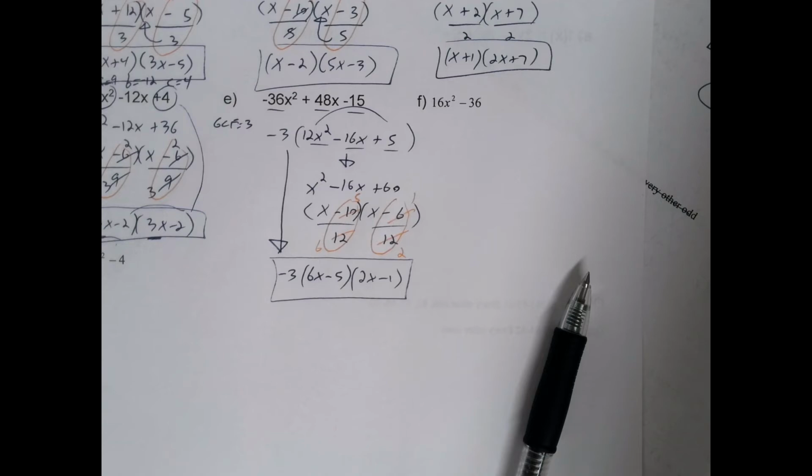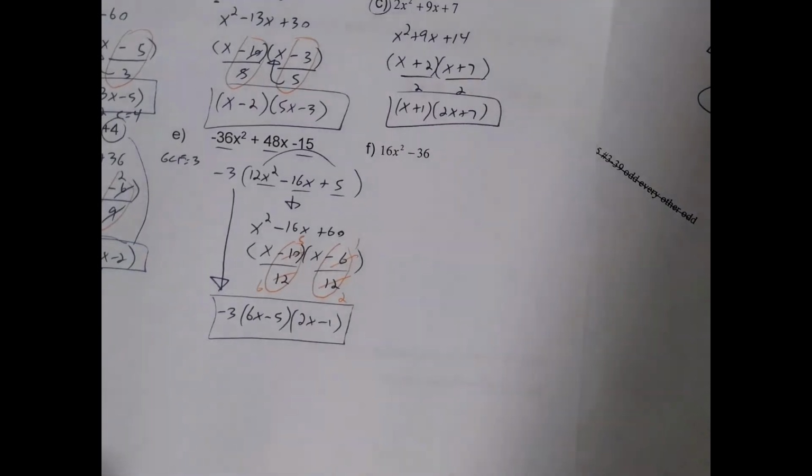So tell me this. If you were to graph that parabola, what direction would it go? Very good. To find the x-intercepts, you have to take each of these binomials, set it equal to 0 to solve for the x-intercepts. So keep that in mind.